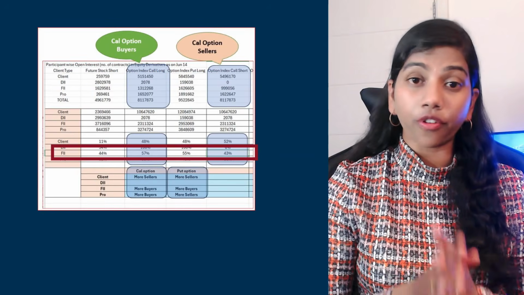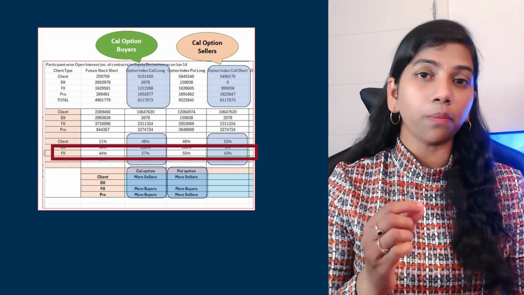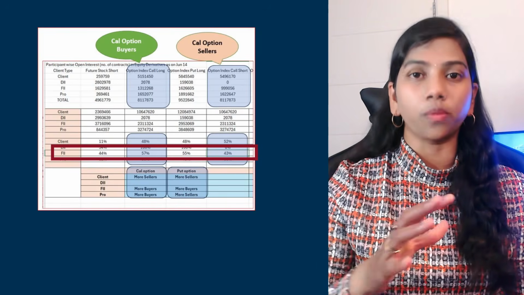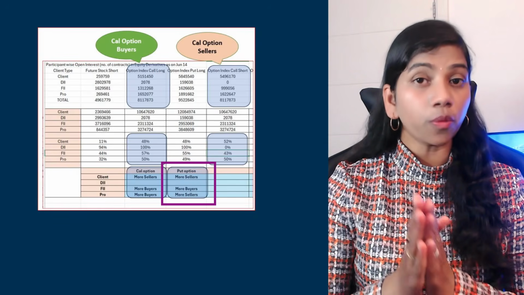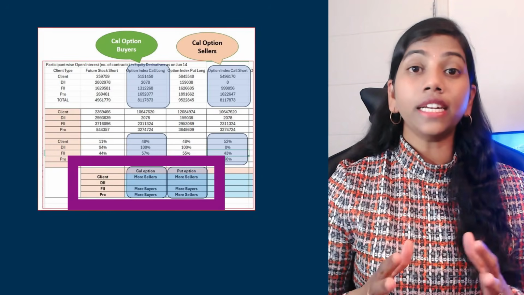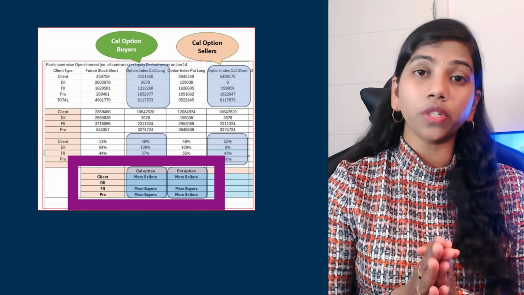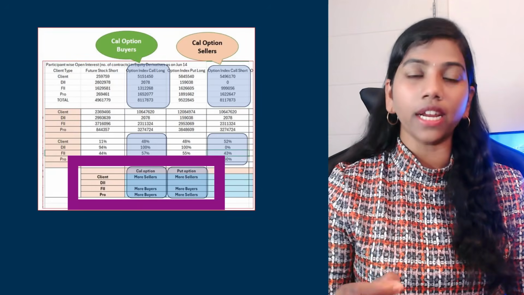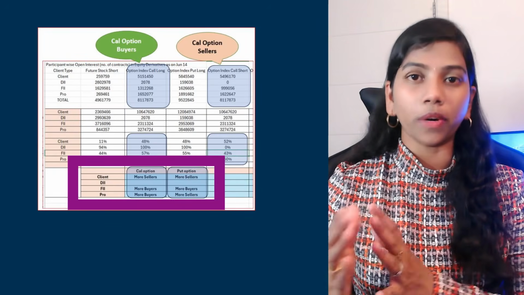Similarly, if you see the FII, nearly 57% bought the call option and only 43% sold the call option. And if we do the same for put options, we get this table. Retail people sold more call options and sold more put options, meaning they expect a range-bound market, and only then would they have this kind of open interest.